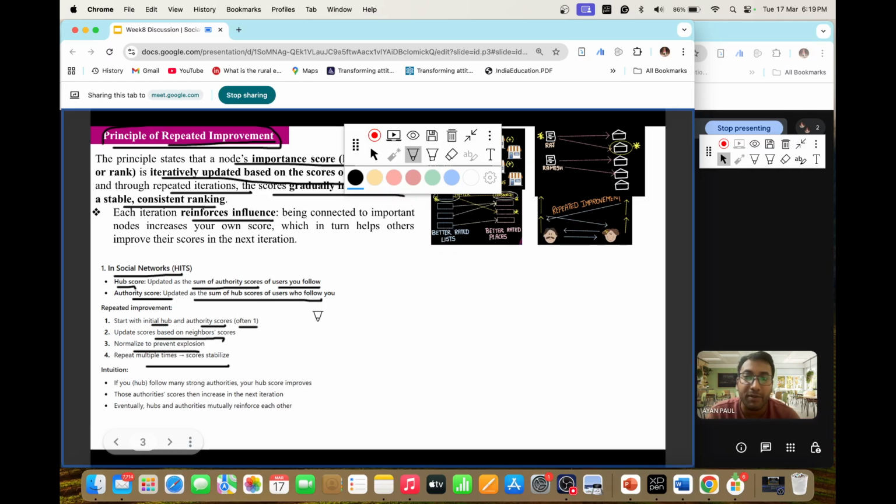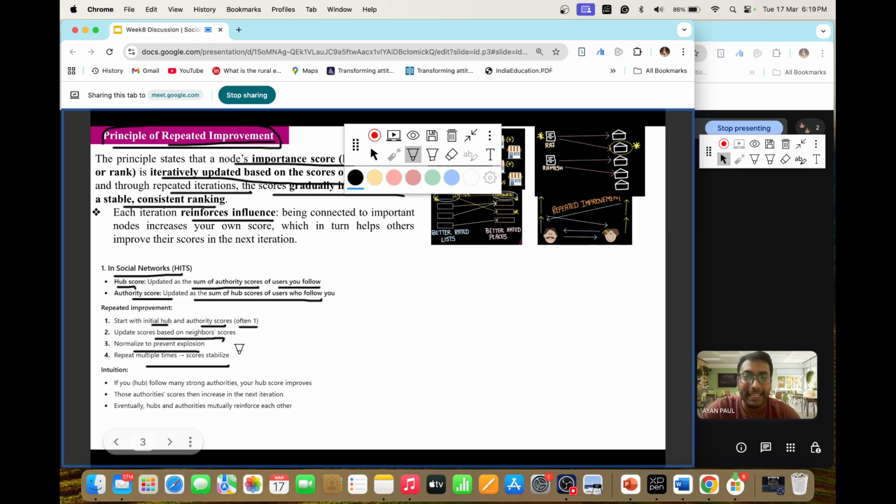Then we update the score based on the neighbors' scores. Normalization is important because, without it, the scores would be added again and again and the explosion would make the score very big and very hard for us to tackle. So we normalize, and at last we repeat multiple times so that the scores stabilize.